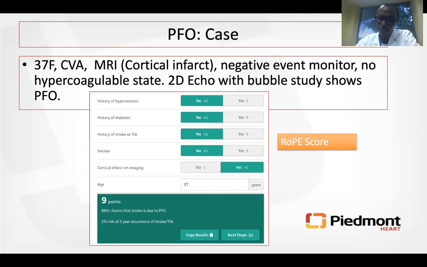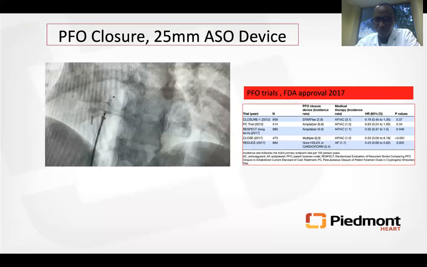We performed a 2D echo, which showed a patent foramen ovale with right to left shunting, and her RoPE score suggested PFO as the cause of her stroke. Therefore, we decided to close her PFO with a 25mm ASO device.